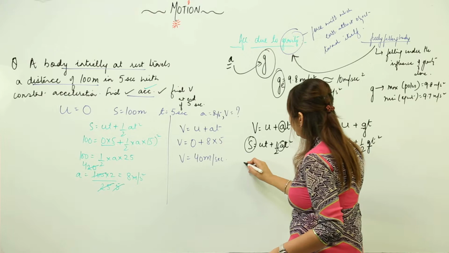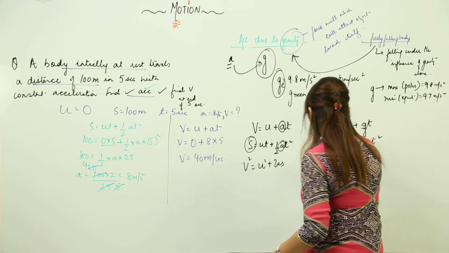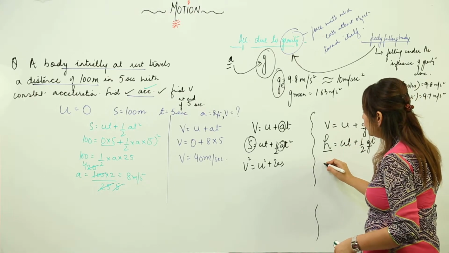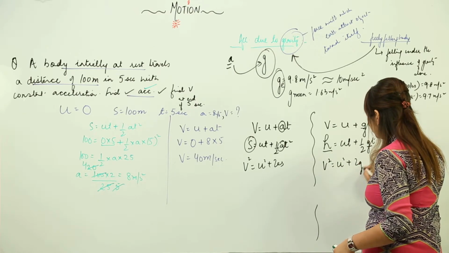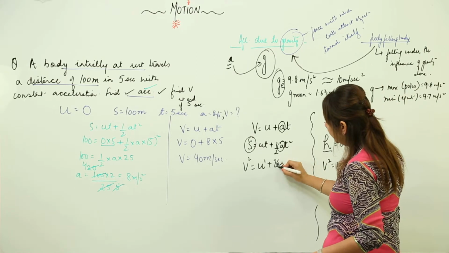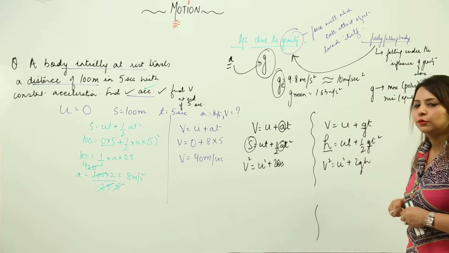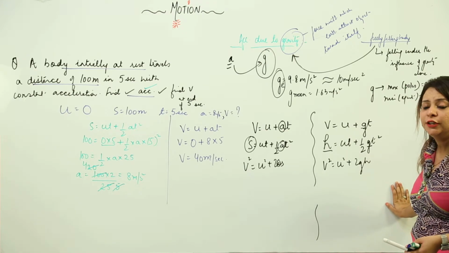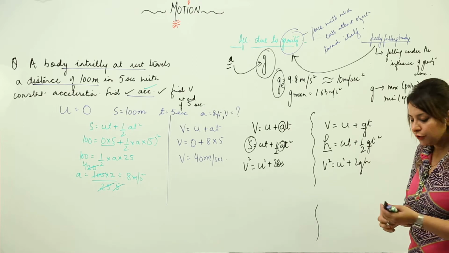In the same way, the third equation is v square is equal to u square plus 2as. When we apply it in the case of gravitational force, it becomes v square is equal to u square plus 2gh. The difference lies only in a being replaced by g. So these are the equations of motion under gravity.